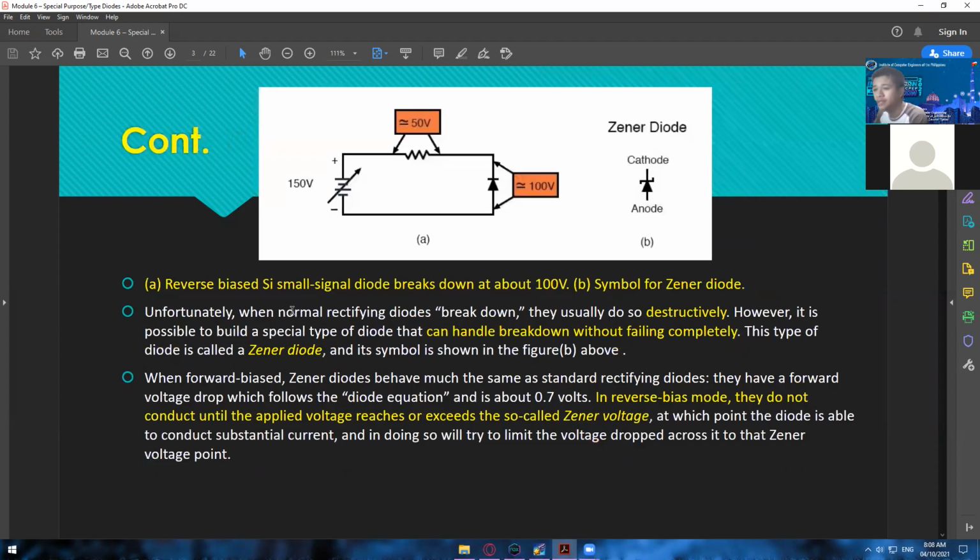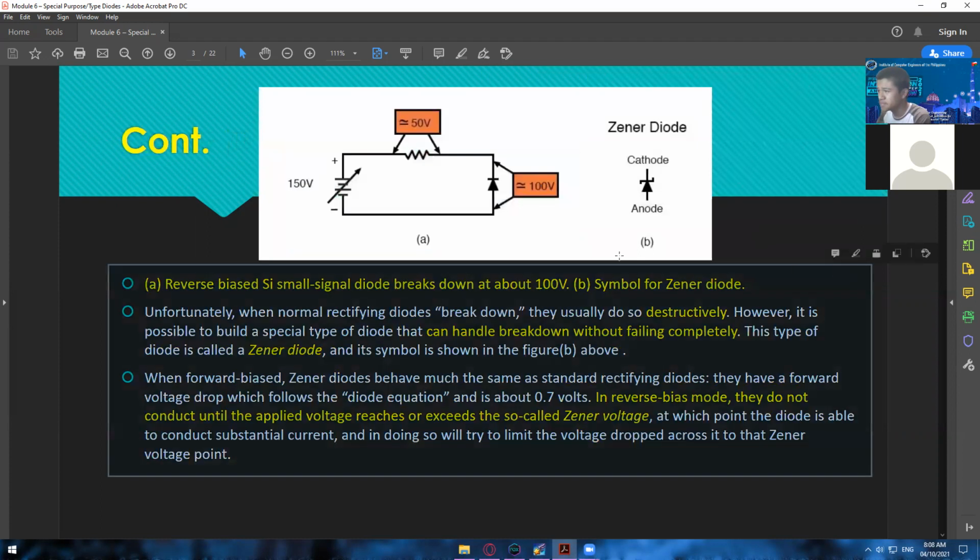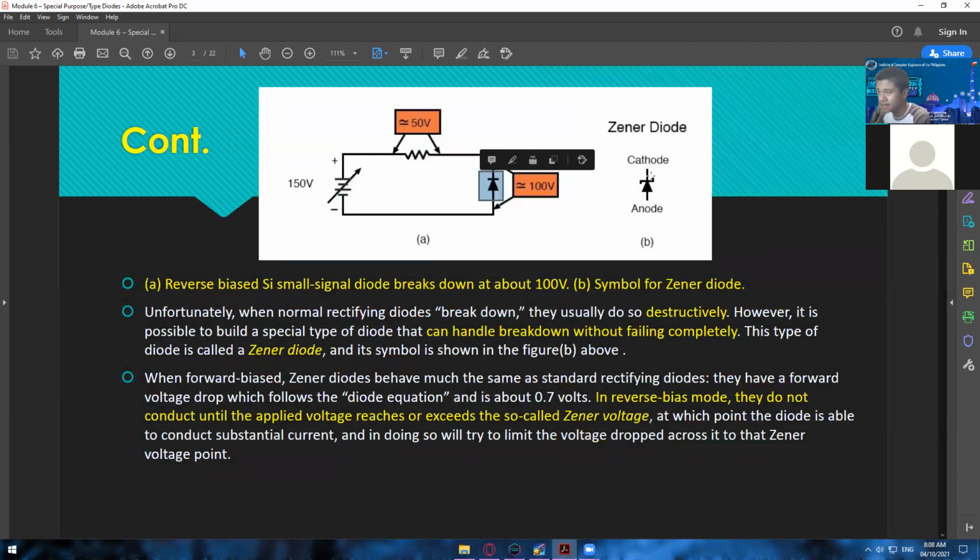All right. So we have here a sample. You could say that this is the circuit of a Zener diode. It's like a diode also. However, in reality, we won't be able to see whether this is a Zener diode or not. Maybe it just has a code saying that it is a Zener diode.